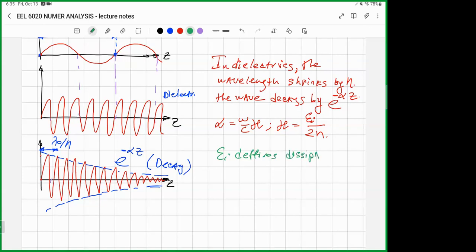The imaginary part of epsilon defines the dissipation of the wave as it propagates through the matter. And if the imaginary part of epsilon is 0, then we have no dissipation.